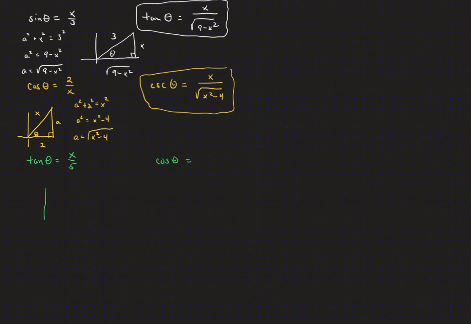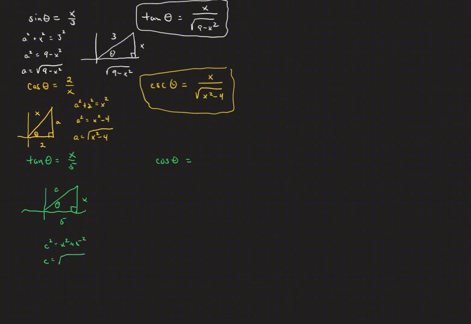Okay? And finally, we'll look at a tangent. So same idea, drawing our reference triangle in quadrant 1, and knowing that the tangent from SOHCAHTOA is opposite over adjacent. We can use the Pythagorean theorem and say c squared is going to be x squared plus 5 squared.